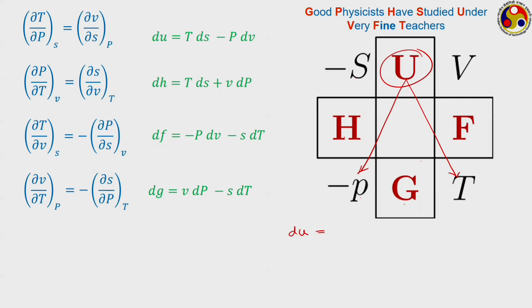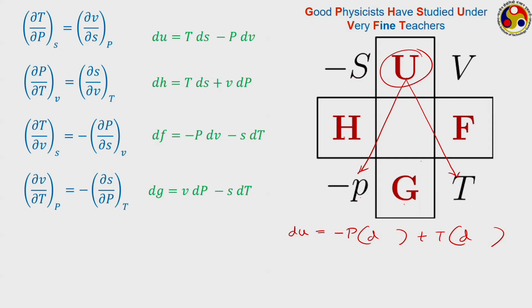That is, your expression will be of the form minus P into d of something plus T into d of something. So, minus P and T, the terms appearing in the opposite corners, will be the two coefficients. The terms which appear on the left hand side corners, like the P and S, generally have the minus sign.